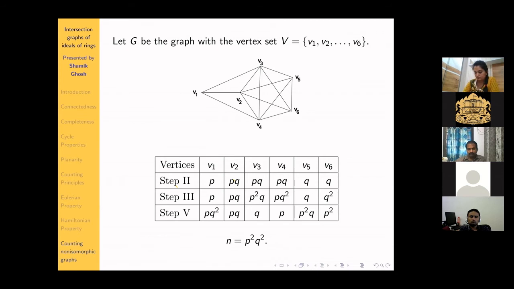And that is actually very important in the context of the graph isomorphism problem.